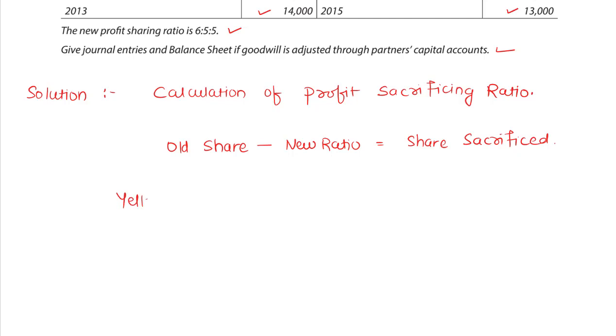In case of Yellow, old share is 3 by 5, new share is 6 by 16. So share sacrificed will be 18 by 80. In case of Green, old share is 2 by 5, new share is 5 by 16. So share sacrificed is 7 by 80.